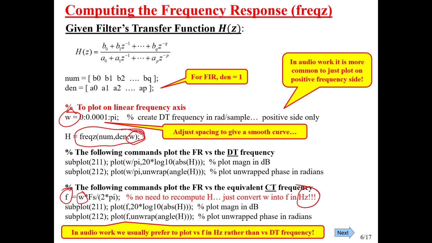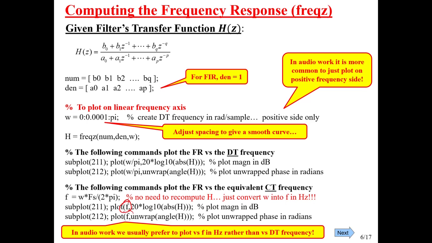It'll be exactly the same size, and every element in F will be the correct Hertz value for the corresponding value in the W vector. So this is just converting 2 pi to Fs. That's the conversion factor, right? Just like you can convert dollars and euros with a conversion factor, we have the conversion factor between radians per sample and Hertz.